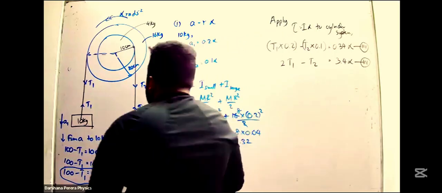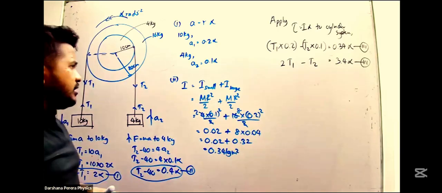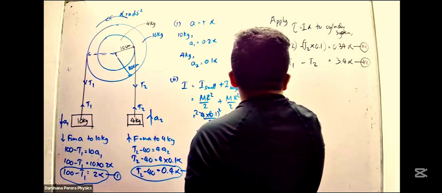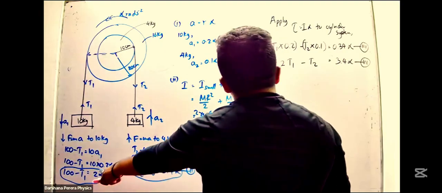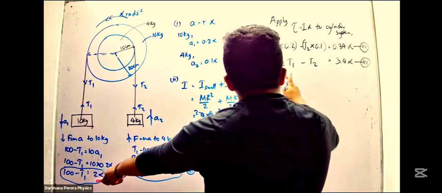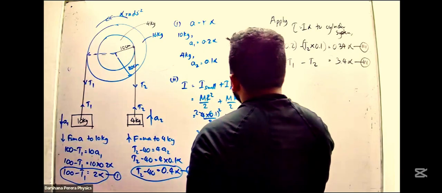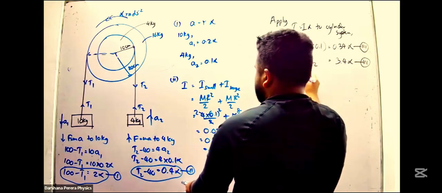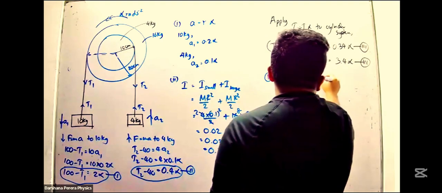Okay. We have to add them all. I take the first one, multiplied by 2, and add it to the second one and add it to the third one.